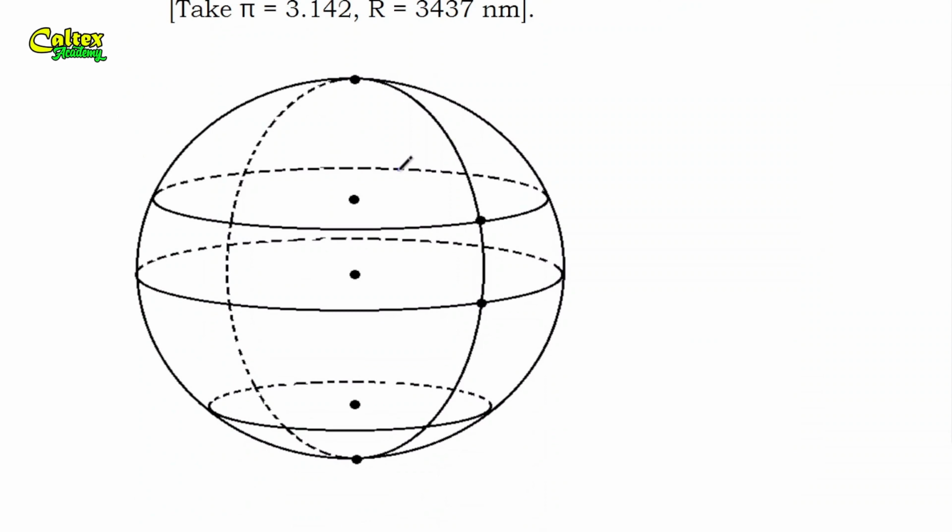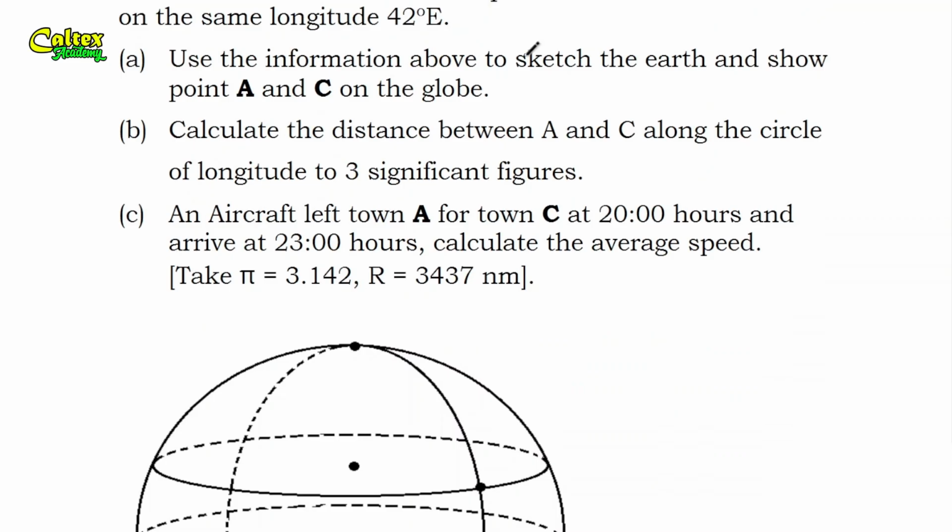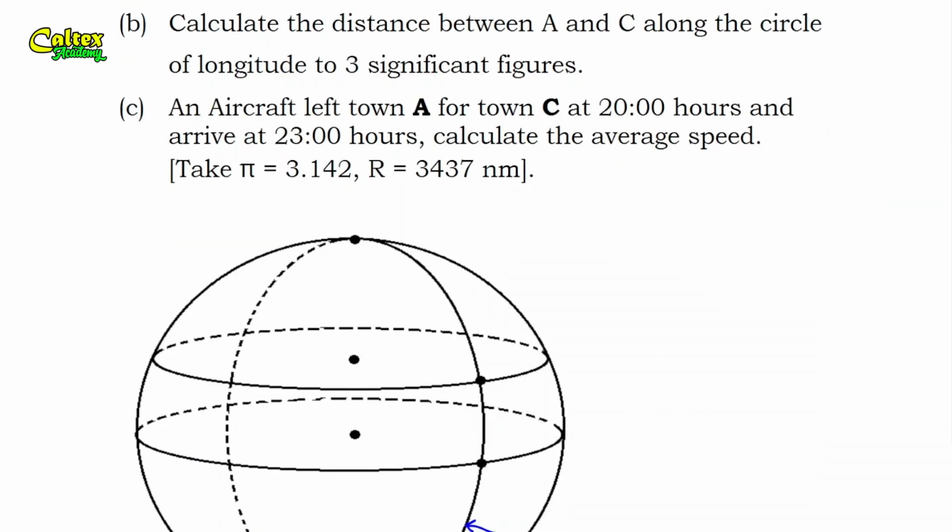So when you look at this, we have this globe, and remember we have a common longitude here. Now maybe we can label it with the degree given here. Remember, the degree given for this longitude is in the eastern hemisphere, and it was represented by 42 degrees east. So let's label it as 42 degrees east.